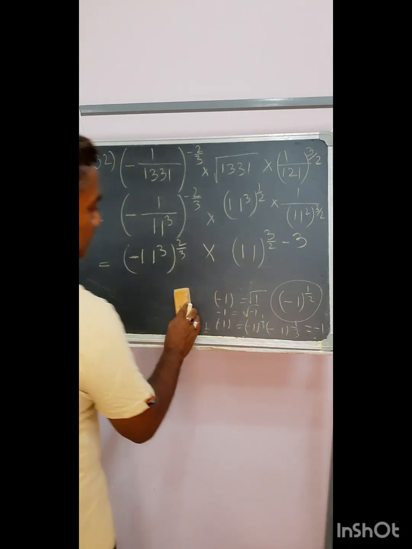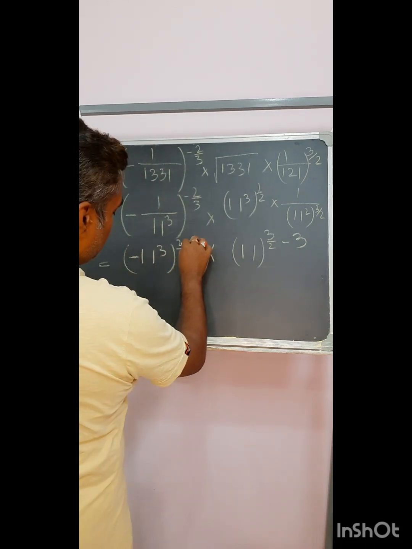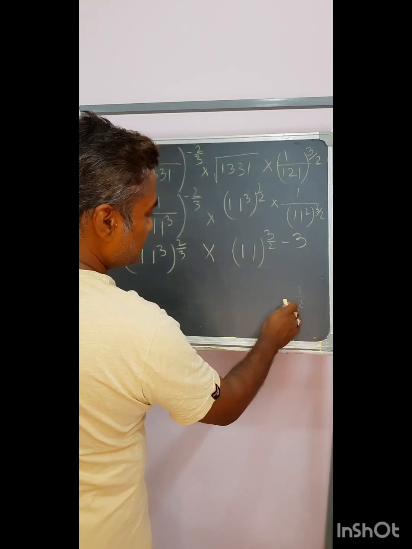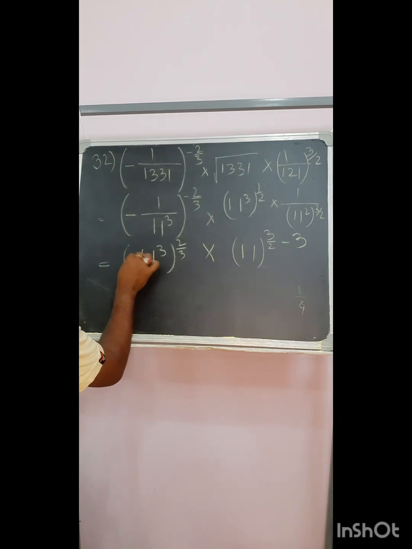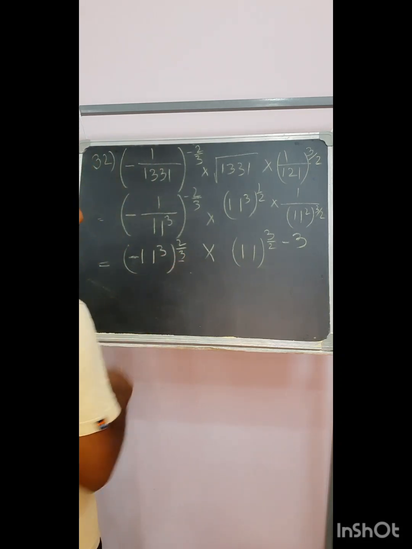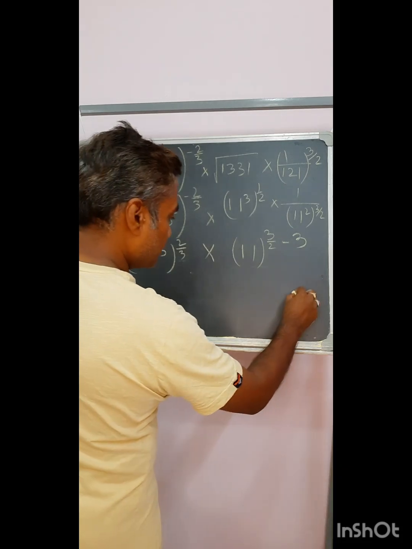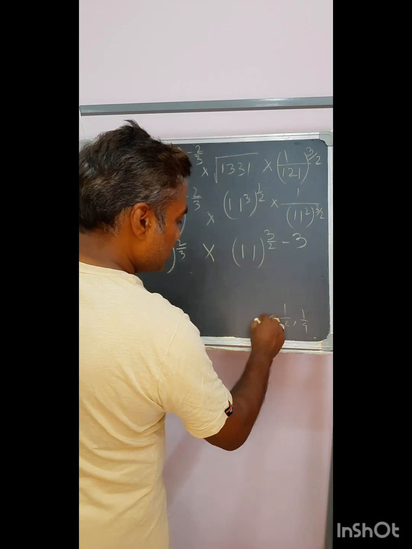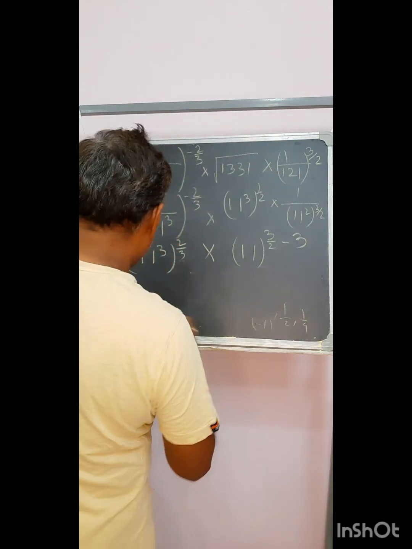So wherever there are even integers in the denominator of the fraction of the indices, that means 2, 4 like that, you cannot take this minus out. It is a non-real number. I'm sorry, for even numbers, that means half, for this kind of indices, that minus sign cannot come out because it is a non-real number.